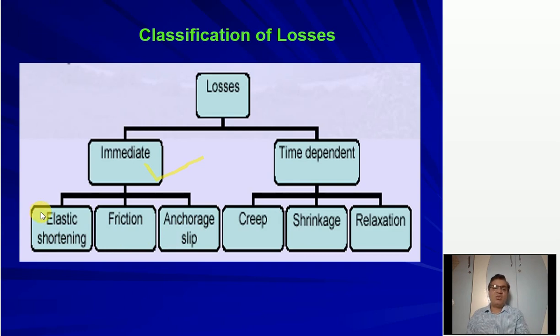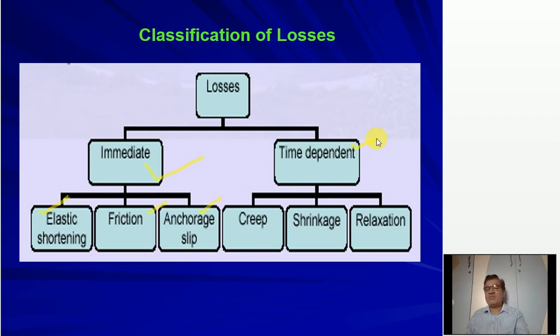As I told you, elastic shortening always occurs in pre-tension members, and it occurs in post-tension members only when there is successive tensioning. Friction loss is during the tensioning of the wires, and anchorage slip is during the anchoring of the wires. So friction and anchorage slip occur only in post-tension members, whereas these two losses are absent in pre-tension members.